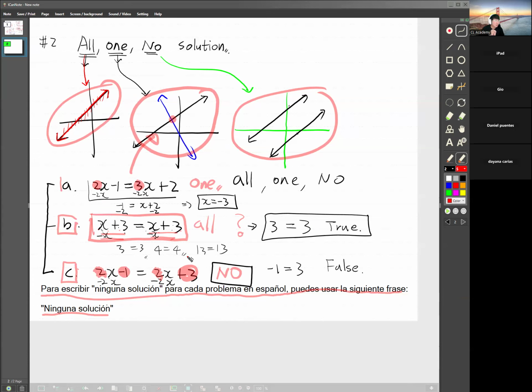Now, think about what we just did. If you have any questions, if you don't get it, let me know. I'm going to explain one more time.